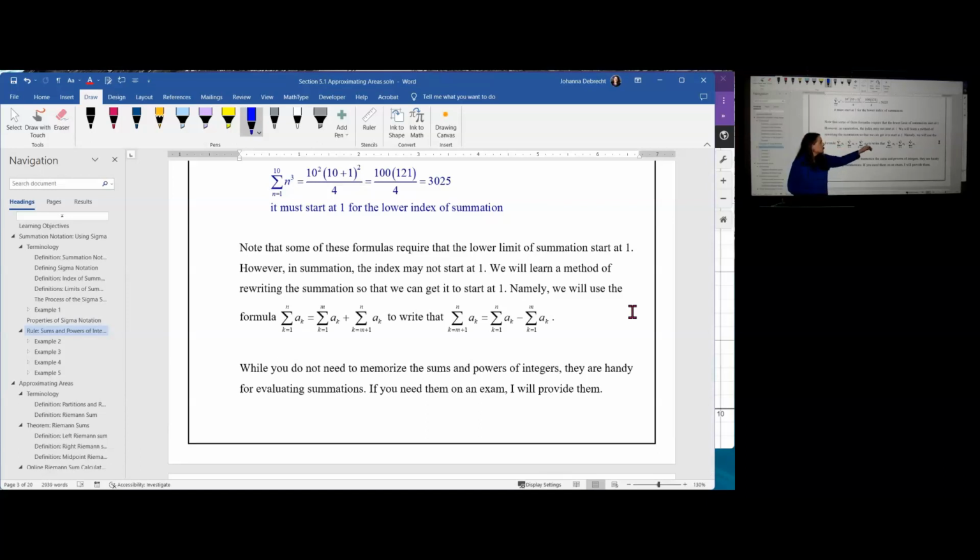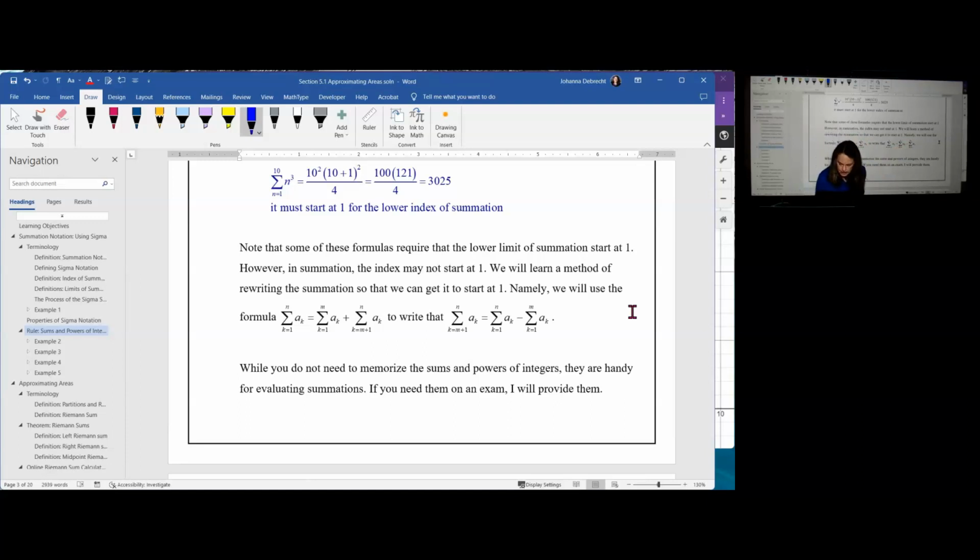We're using the property that we had up above, property 4, and we're solving for the sum where the lower limit of summation is not 1. We get this by taking the sum from k equal 1 to n, the upper limit of summation, and subtracting the sum from 1 to m, which is 1 less than the number that we see here.